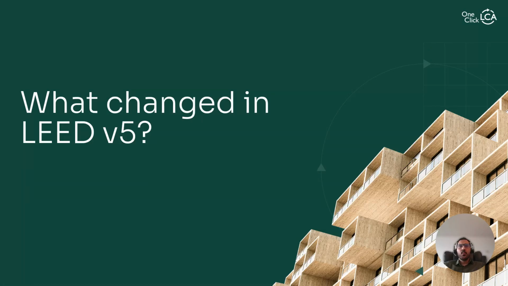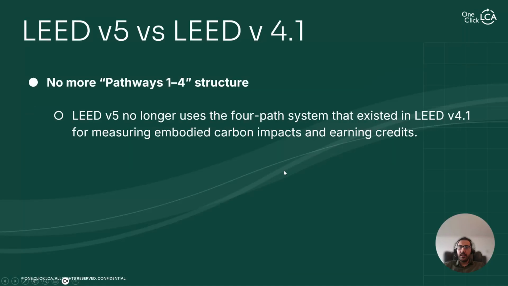So what has changed in LEED V5? For sure, probably you have checked V4.1 before for the embodied carbon assessment. But no worries, we have articles in the Help Center of One Click LCA, and we'll put the link to that article in the chat, so you have an idea of how the process was.